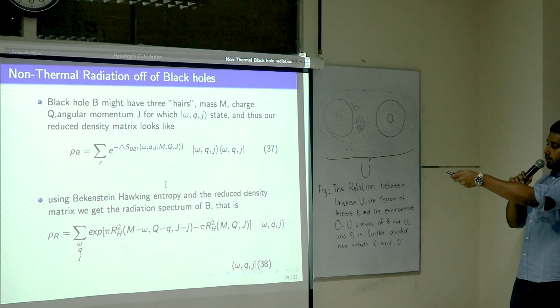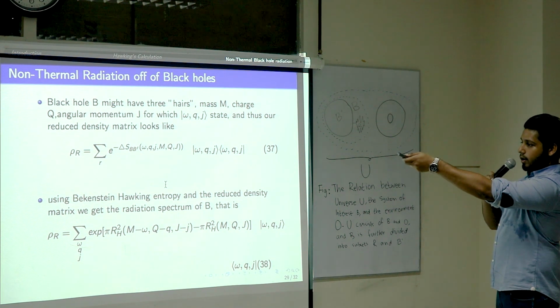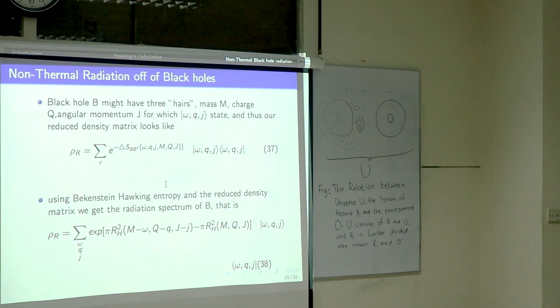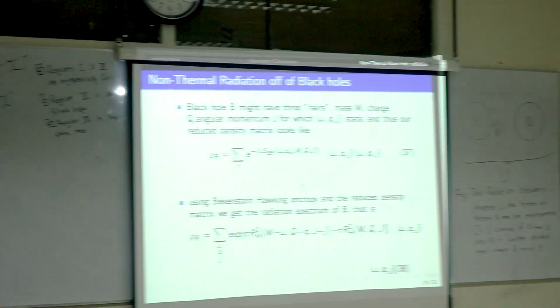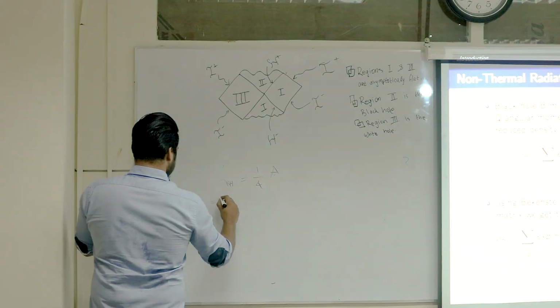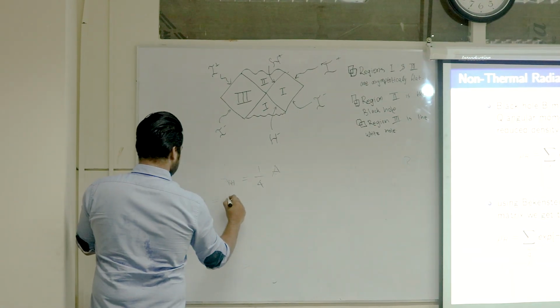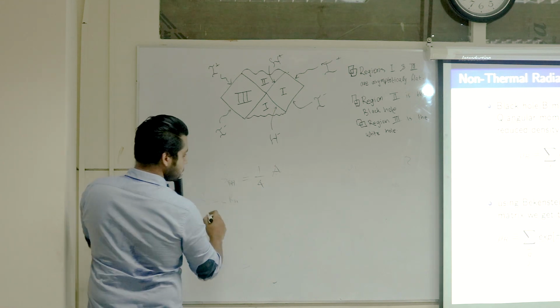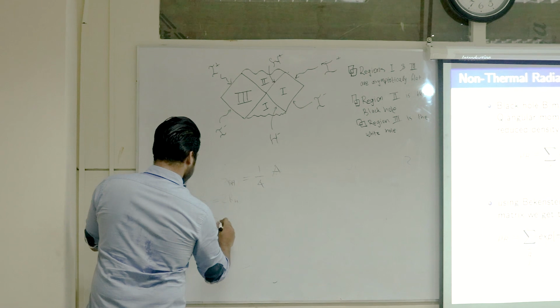And I use the Hawking-Bekenstein formula for entropy, wherein for our black hole, the singularity radius is 2R_H.